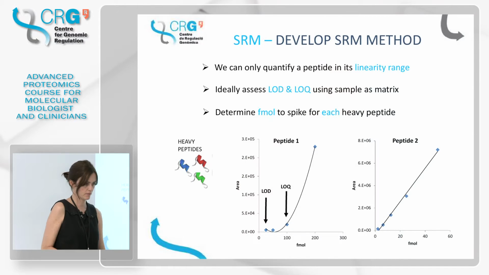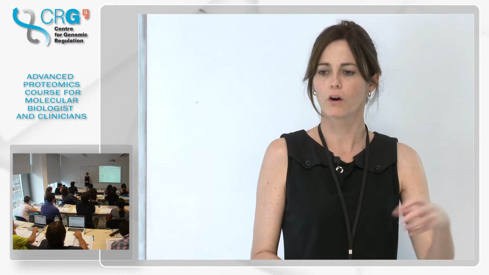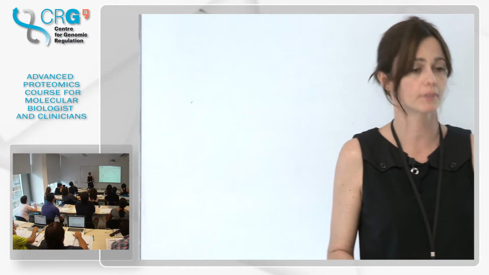The exact femtomoles or the exact micrograms or whatever. We determine this, and then we spike our sample with the mixture of the heavy peptides. Each heavy peptide, most likely, not in the same concentration, because for each one of them, we have determined which one is the best concentration to be spiked.